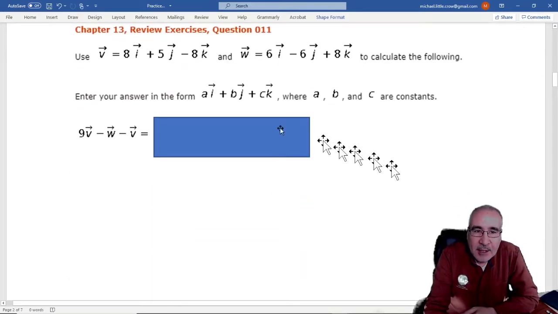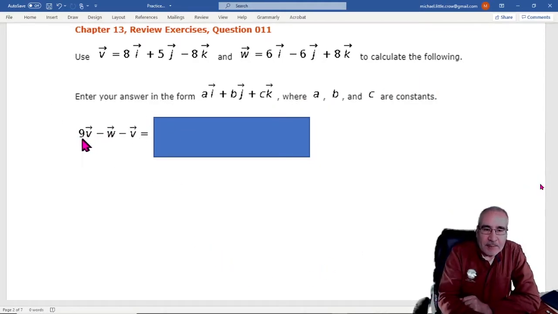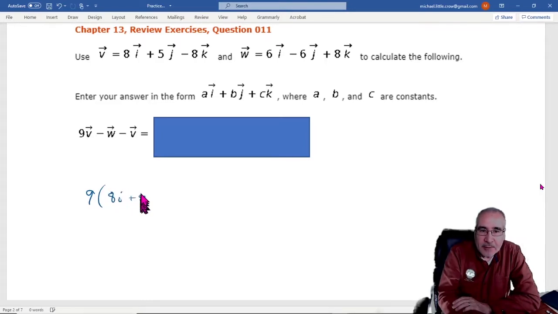Here we're given two vectors, v and w, and we're asked to calculate the following. It's right down here. Notice there's a scalar times v, so we'll do that part, and then you're going to subtract the w and subtract the v. When we're doing algebra with vectors, it's really component by component that we do things. We'll first do 9 times the vector, so we've got 9 times 8i plus 5j minus 8k.